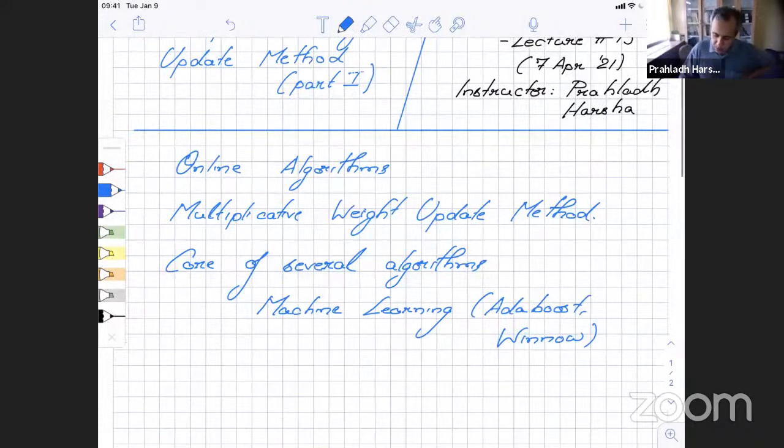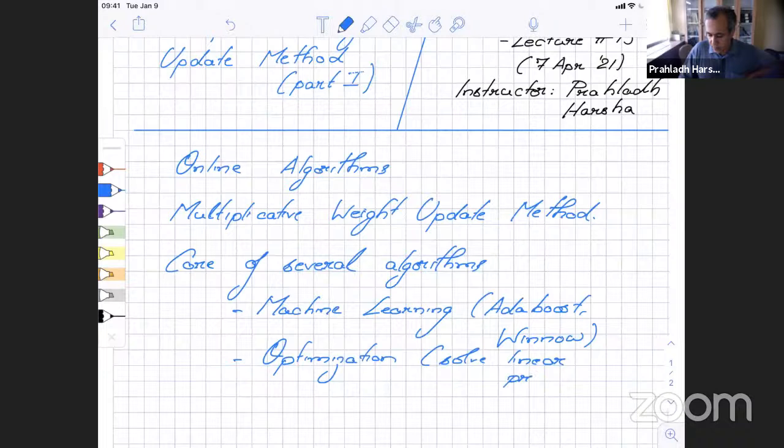In optimization, the optimization community wants to solve LPs, linear programming, and they had also come up with using this multiplicative weight update method to do this.